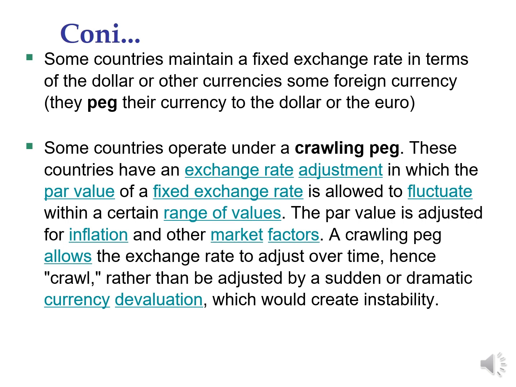The par value is adjusted for inflation and other market factors. A crawling peg allows the exchange rate to adjust over time, hence crawl, rather than be adjusted by a sudden or dramatic currency devaluation which would create instability.